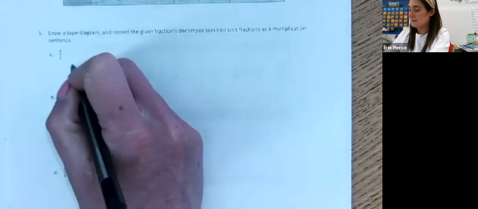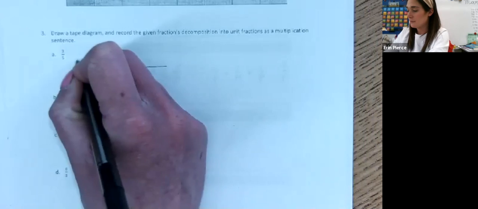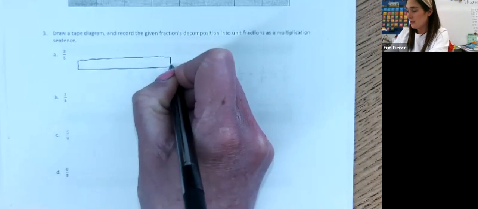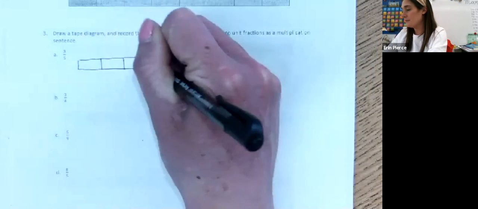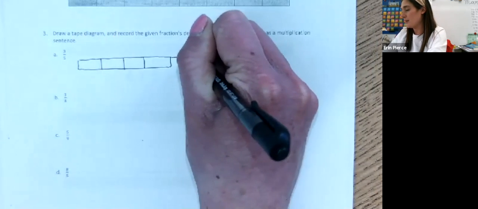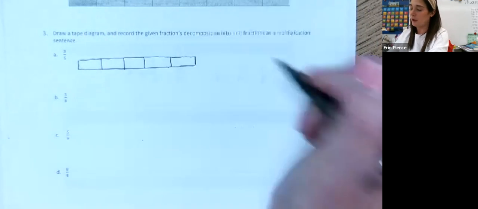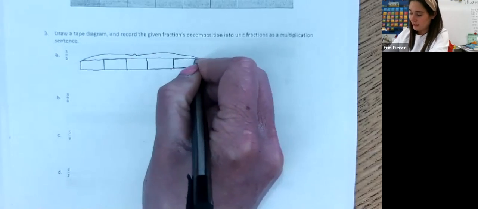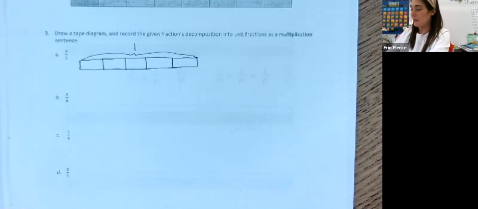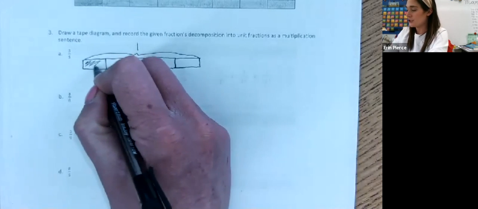I want to draw a tape diagram that is equal to 5 parts. And then I drew mine not big enough, so I need to draw one more part. This is all equal to 1. And 3 of those fifths are shaded.